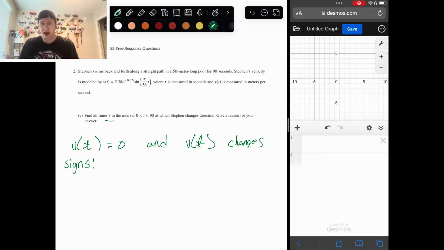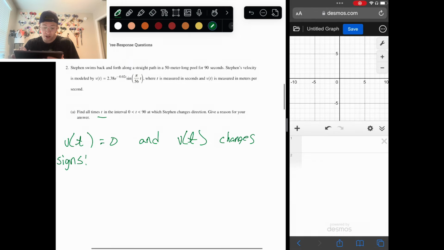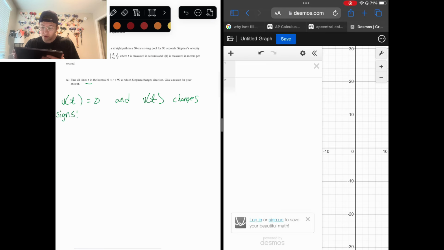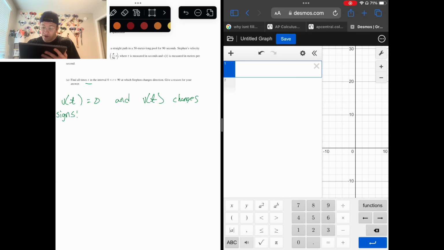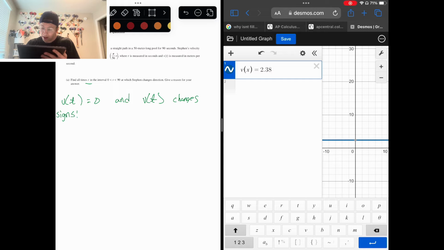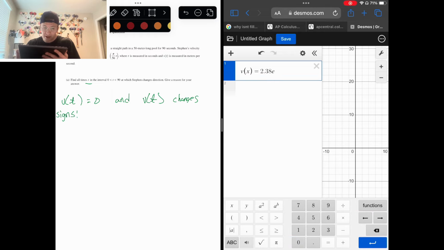All right, so let's figure out when that happens. But first, we got to get that velocity function into Desmos. Okay, so we have v of t. So I'm going to put v of x is equal to 2.38 e to the power of negative 0.2 times our variable, which is x.